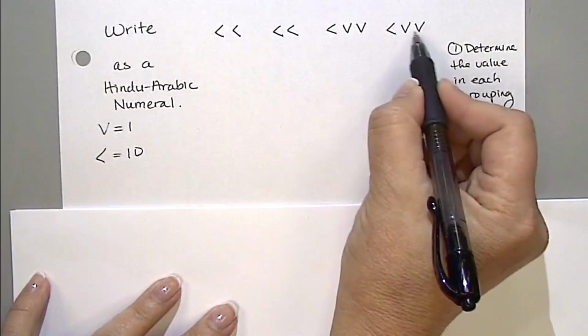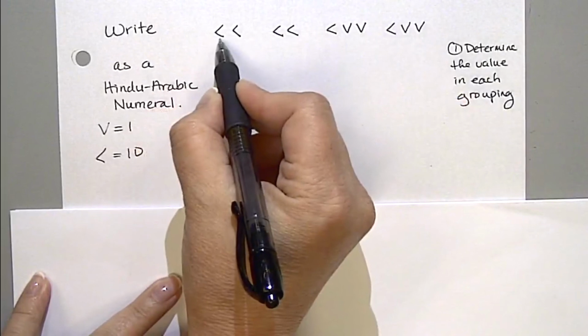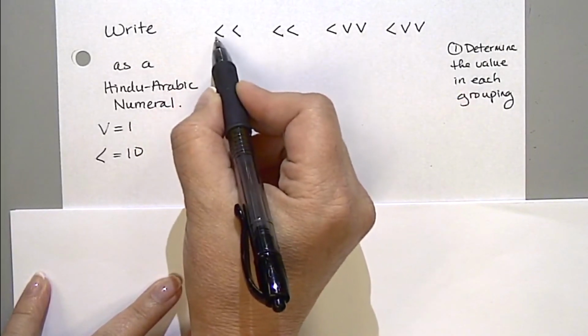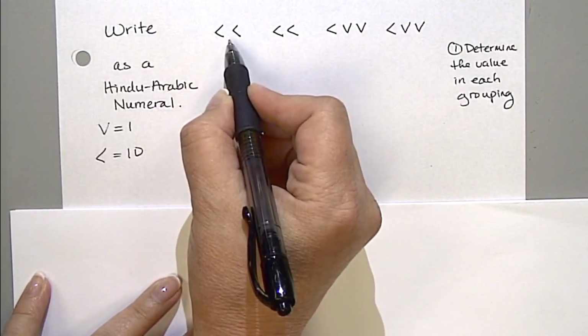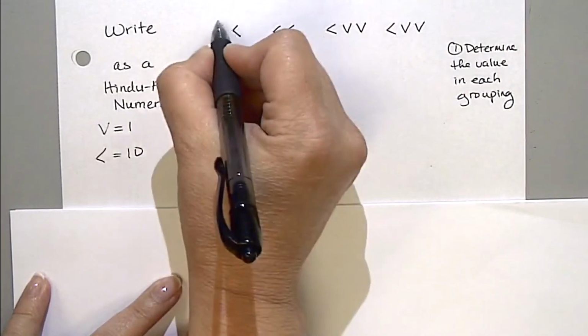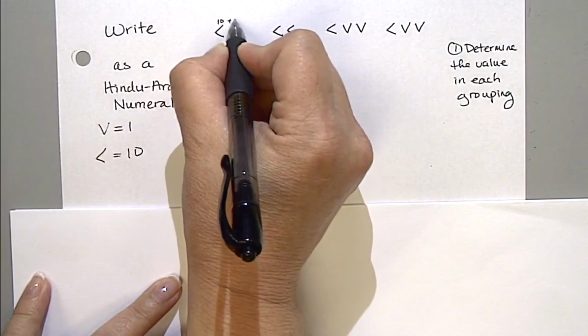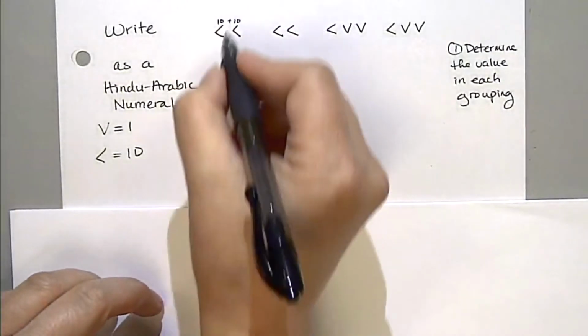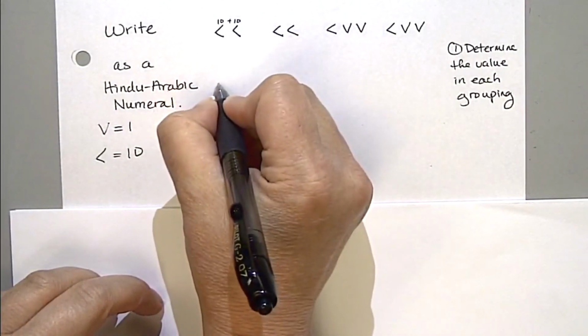When we look at this, it doesn't matter which side you start with. If I start on the left and I've got 2 of these sideways symbols, how much is that worth? 20, because I've got a 10 plus a 10. You're just accumulating all those symbols together. So a 10 plus a 10 gives you a 20. So we have a 20 here.